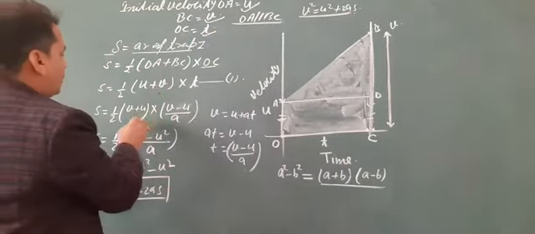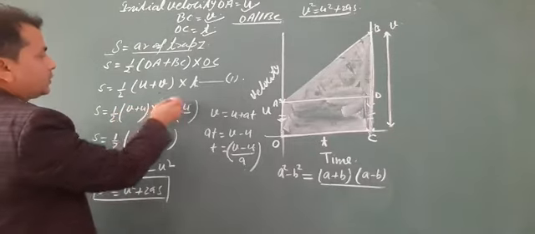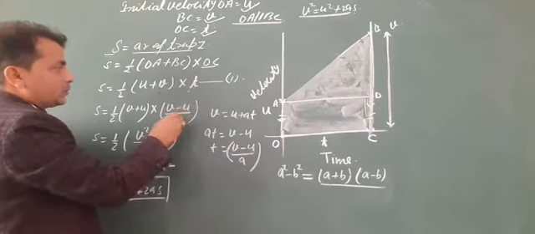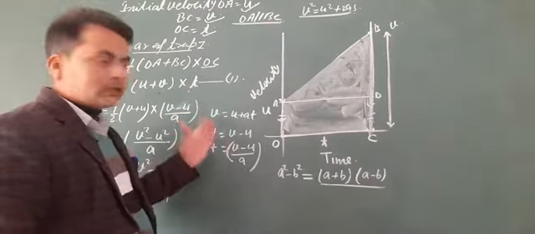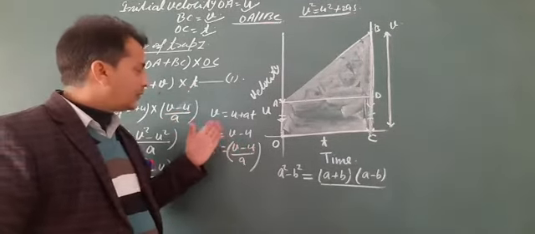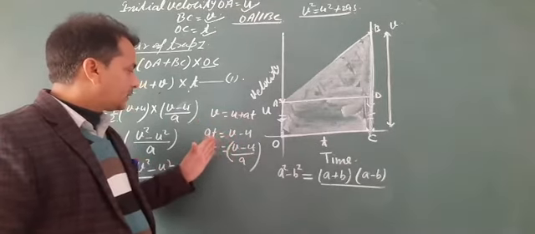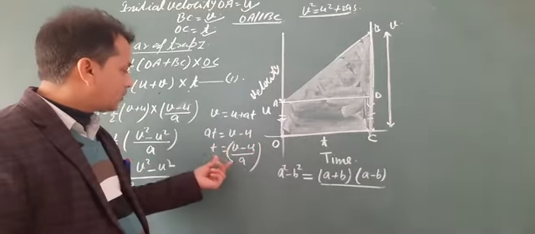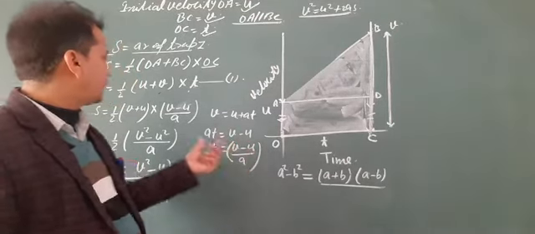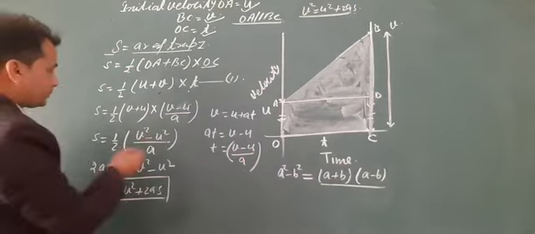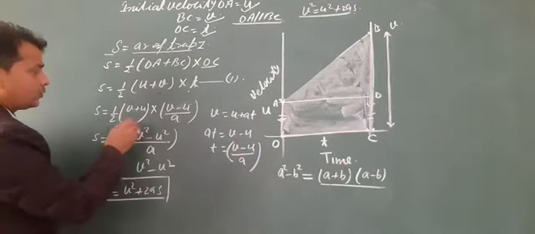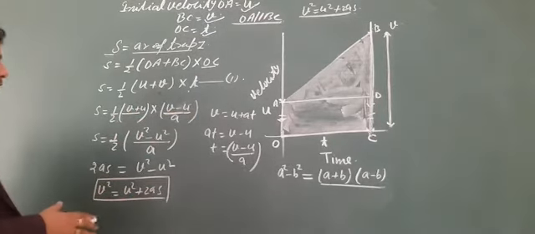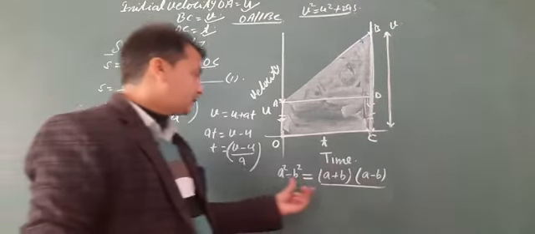So 1 by 2, V plus U, into T. From the first equation of motion, as you know, V equal to U plus AT, then AT equal to V minus U and T equal to V minus U by A. So put the value T equal to V minus U by A here. Then 1 by 2, V plus U and V minus U. This is made by this identity.